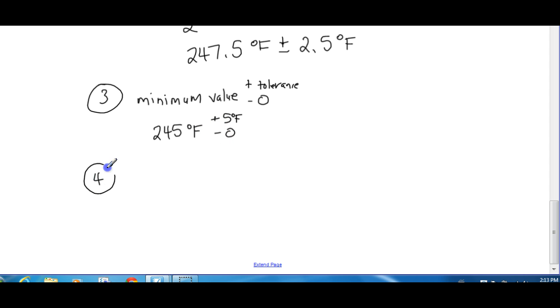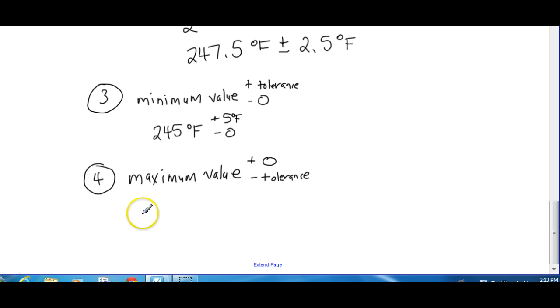And if I look at it from the perspective of the maximum value, I can't go any higher, so I'm going to add plus 0 at the top, and I can subtract the tolerance on the bottom.